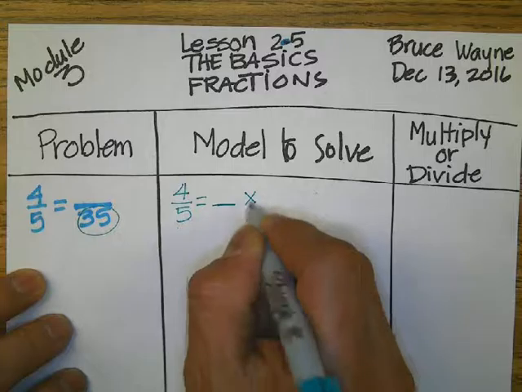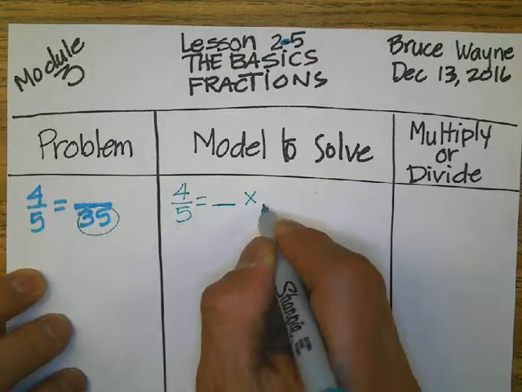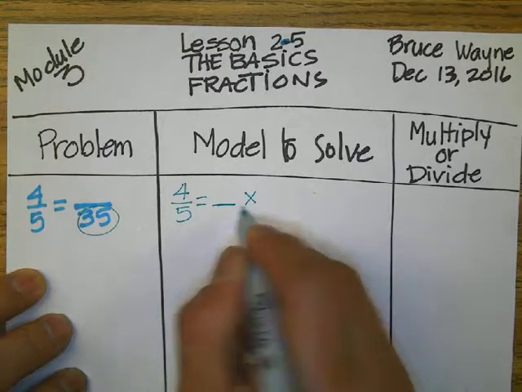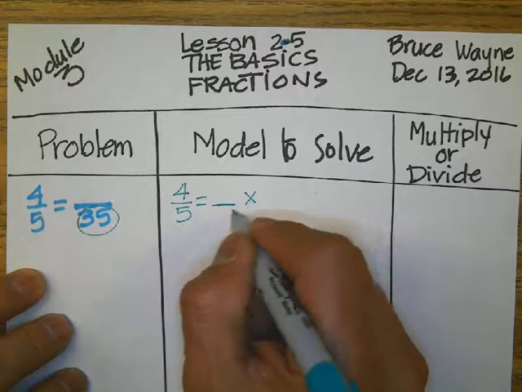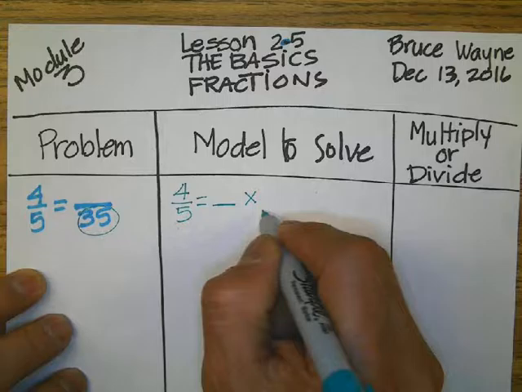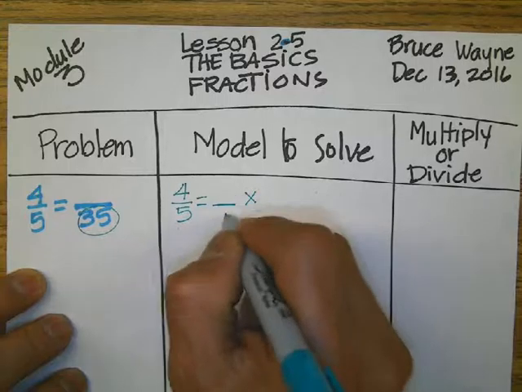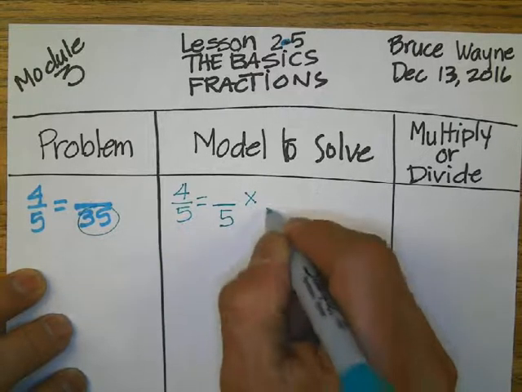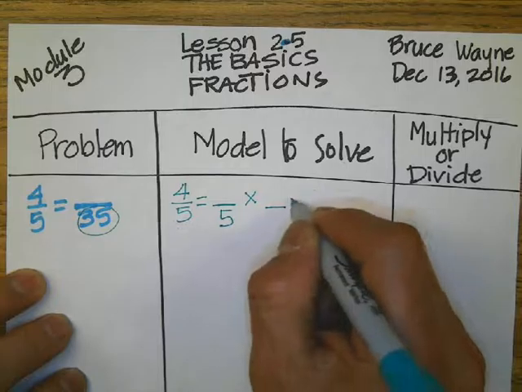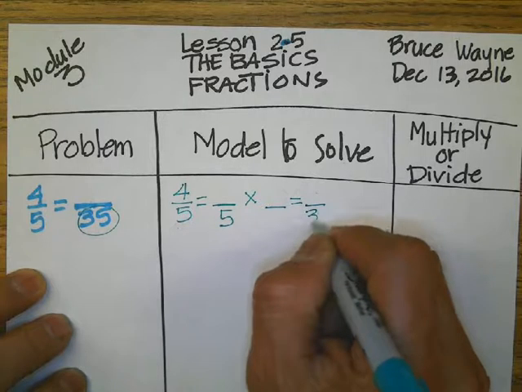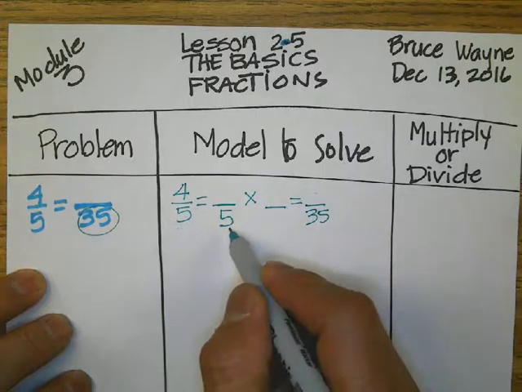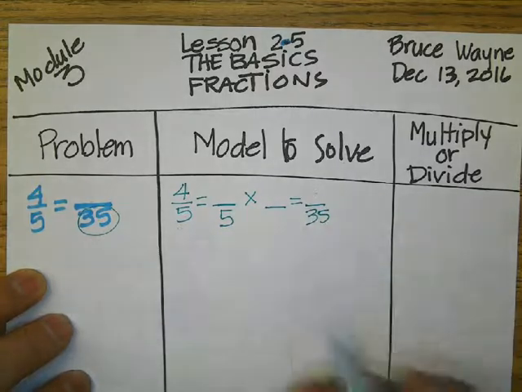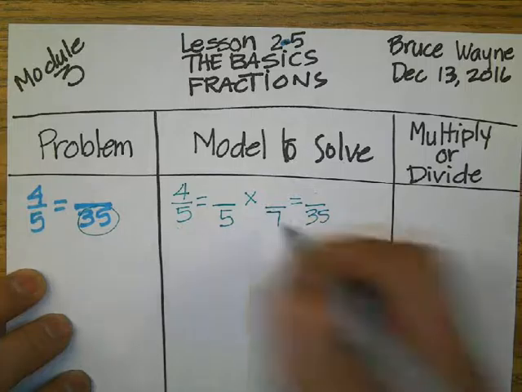I know that the 5 was multiplied by a number to equal 35. So if we say 5 times a number equals 35 on that denominator, if you know your facts, 5 times 7 equals 35.